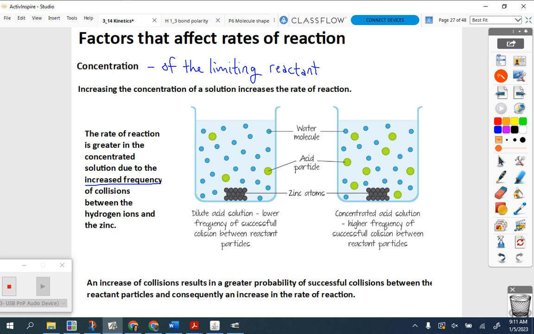So by having more collisions, we're necessarily going to have more successful collisions, or a greater probability of a successful collision, but it's not because we're increasing the energy. It's because we just have more collisions, period. And the same percentage of them are going to be effective, but we have more of them.